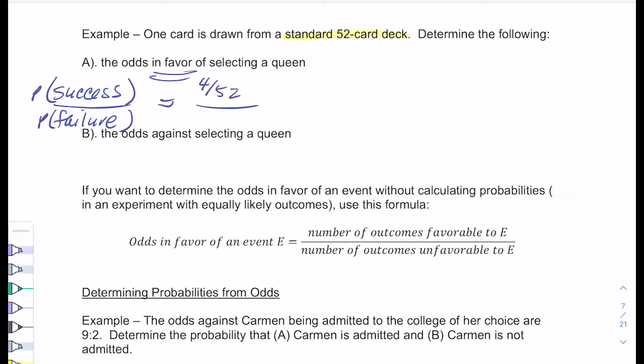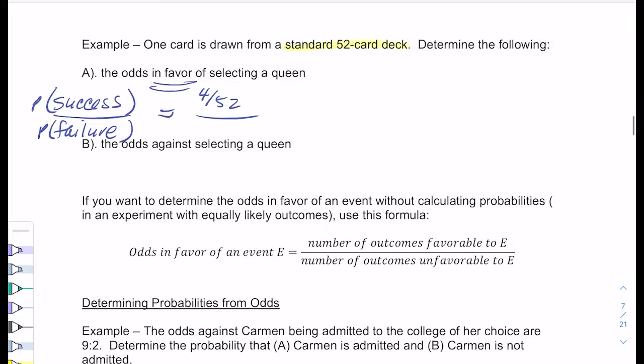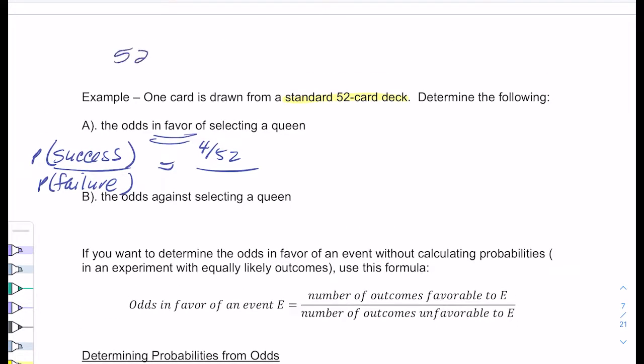Over, what's the probability of not selecting a queen? If I have 52 cards and 4 of them are queens, all I have to do is subtract to find the number that aren't. So there's 48 cards that are not queens. So the odds in favor of selecting a queen would just be 4 over 48, which reduces to 1/12.